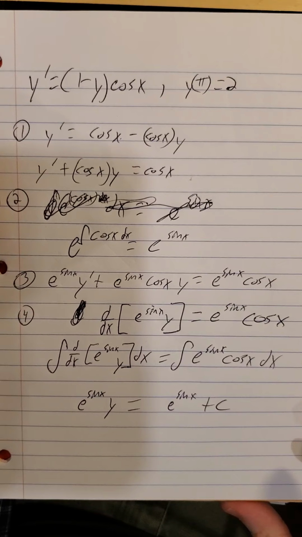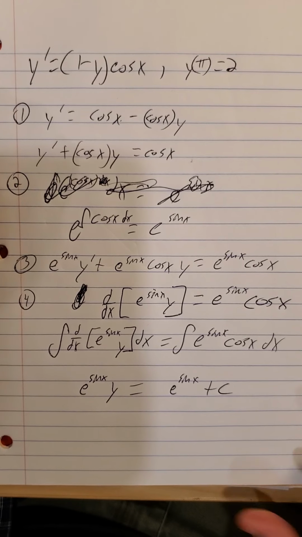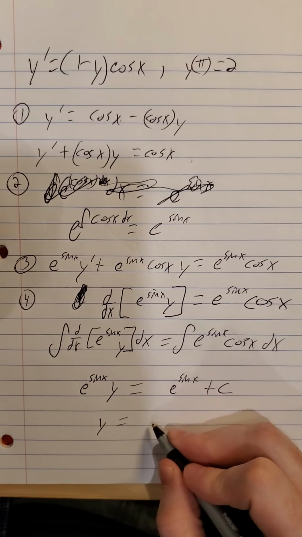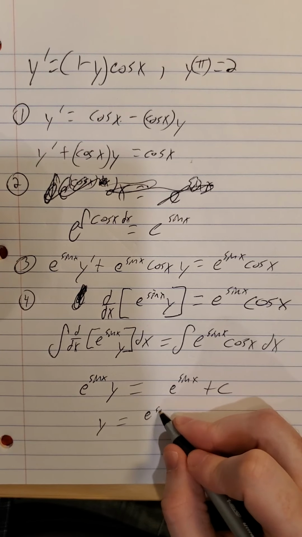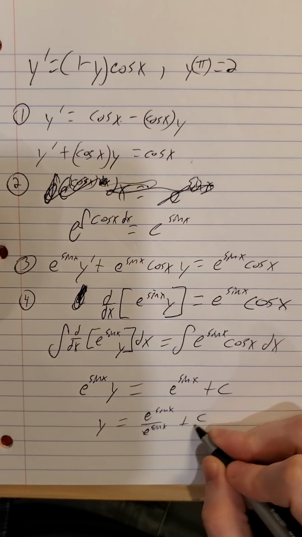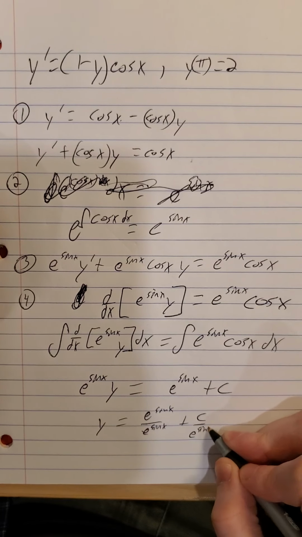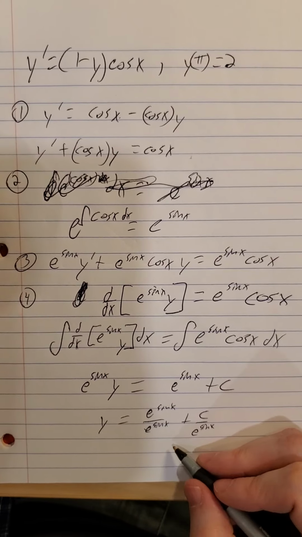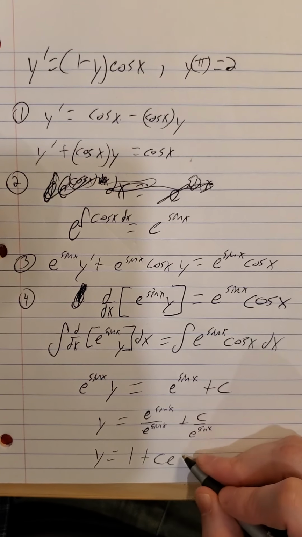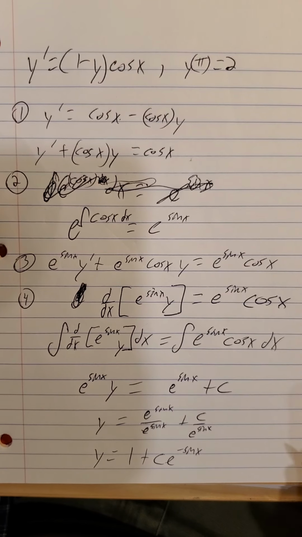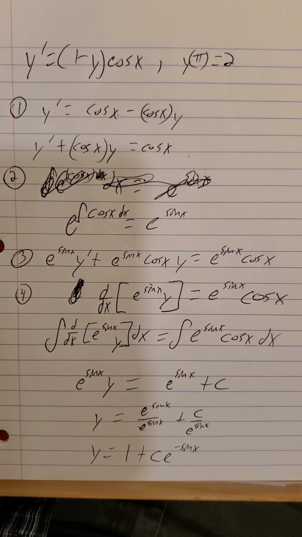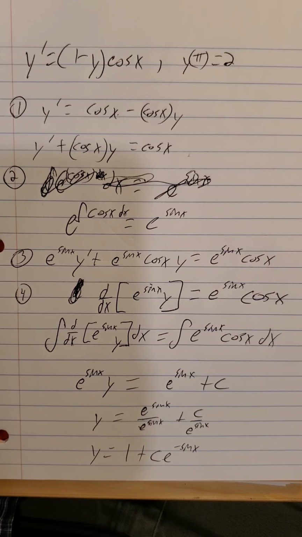And we'll add our arbitrary constant plus c. We'll get the y by itself, so we'll divide by e to the sine x. So y is e to the sine x over e to the sine x plus c over e to the sine x. So y is 1 plus c e to the minus sine x. So far so good on that.